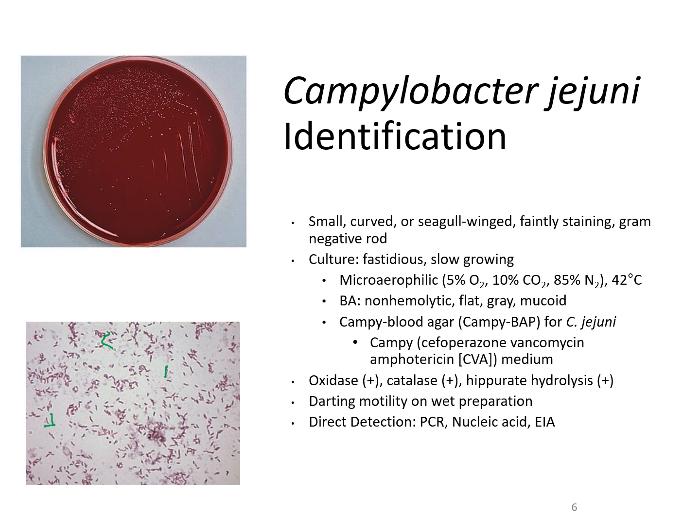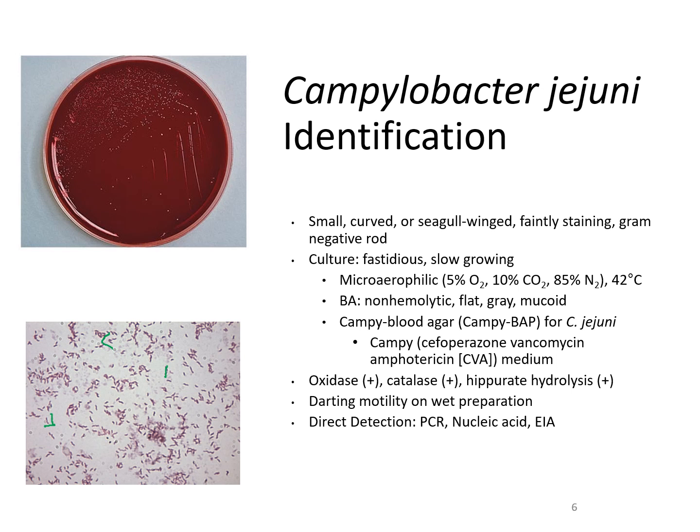On blood agar, they appear as non-hemolytic flat gray mucoid colonies. And if it was plated on the special plate, these plates are called the Campy plate or Campy blood agar plate. What these agars do is allow the organism to grow by itself due to the different antibiotics that are in there.